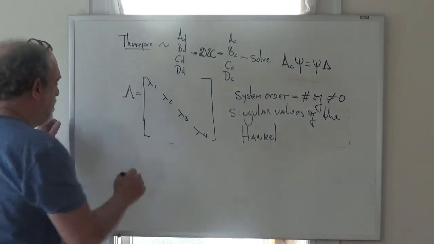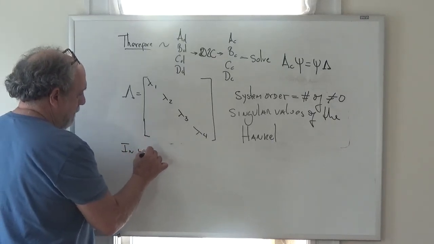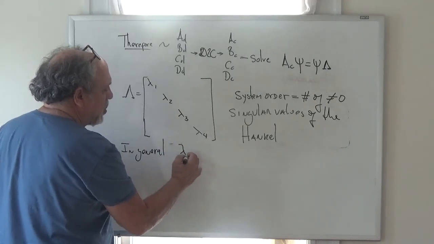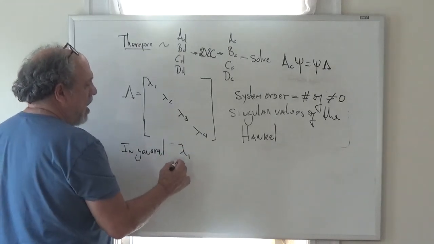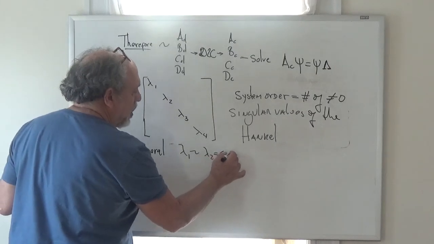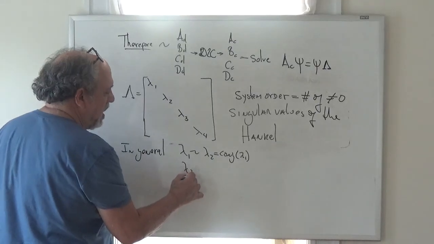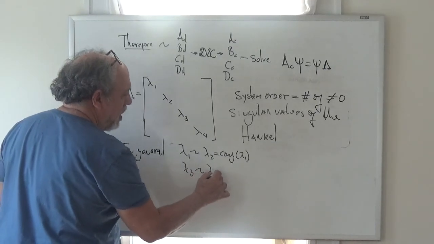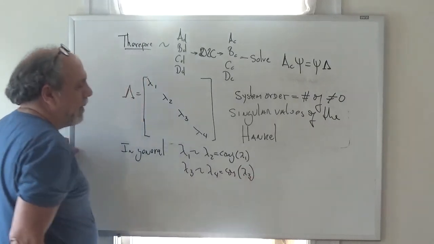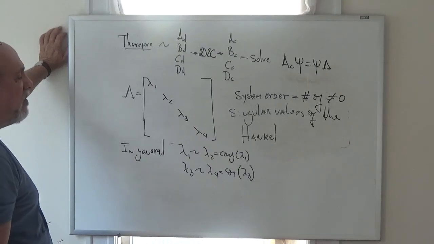In general, these eigenvalues come in complex conjugates. So lambda 1 and then lambda 2 is equal to the conjugate of lambda 1. Then you have lambda 3, and lambda 4 is the conjugate of lambda 3. So for systems that are underdamped, that is the situation.